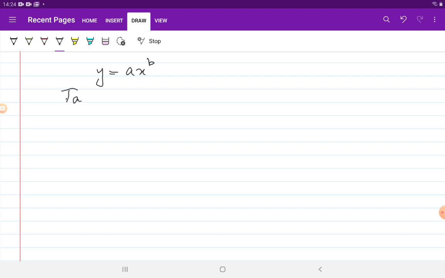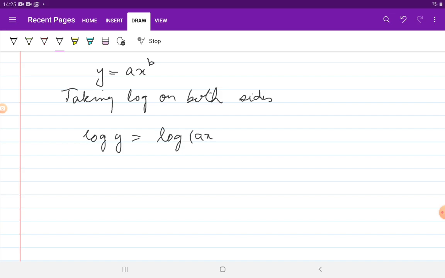So taking log on both sides, I'll get log y is equal to log of a x^b, which basically means log y is equal to log a plus b times log x.